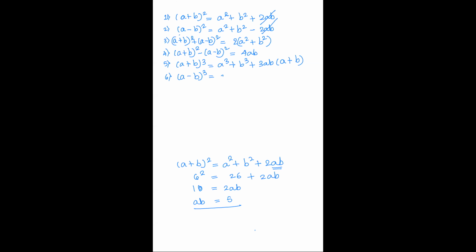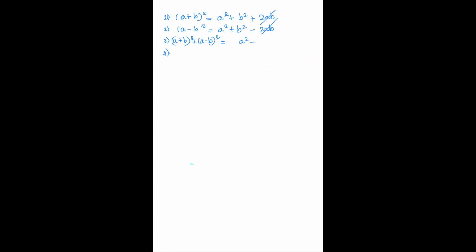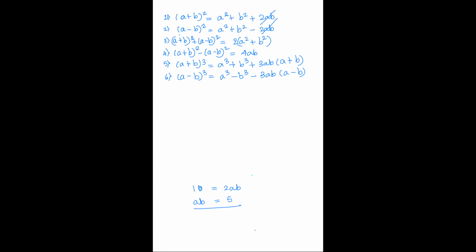So that is going to become a cube minus b cube minus 3ab into a minus b. So this is a minus b the whole cube. Note down the formula, students. I'm sure we have done this earlier, but since cube के formula ज़्यादा याद नहीं रहते, तो उसका एक revision तो बनता ही है.